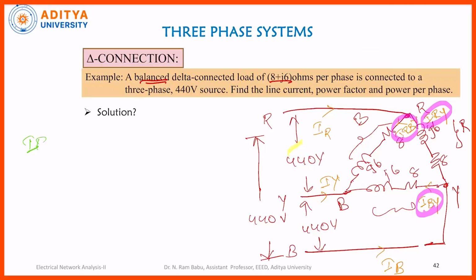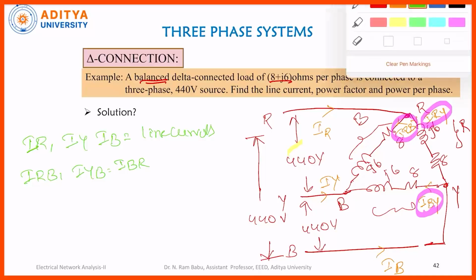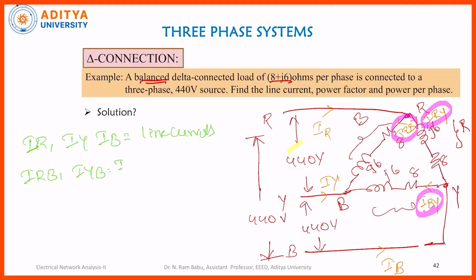Here IR, IY and IB are the line currents, whereas IRY, IYB and IBR are the phase currents.